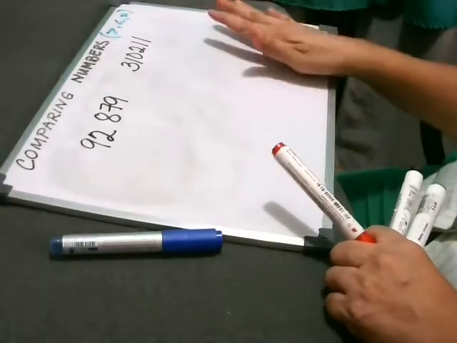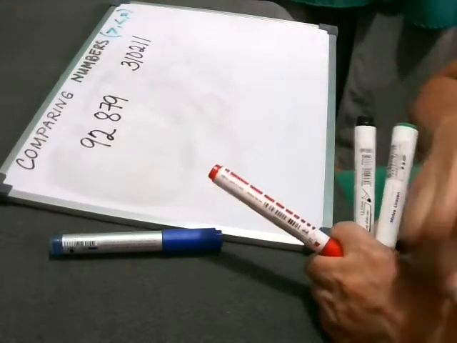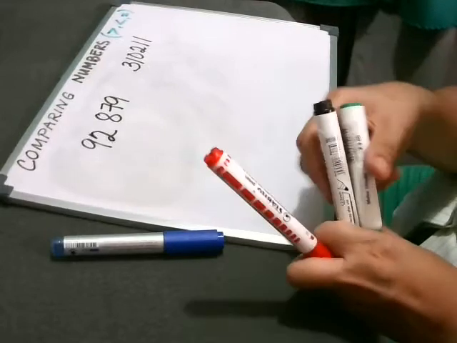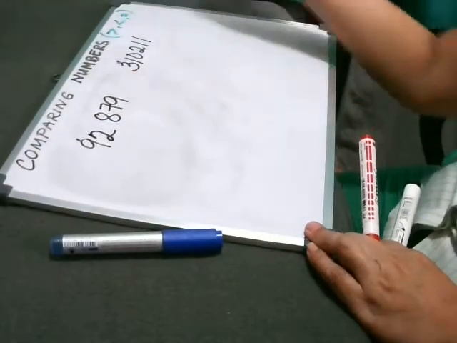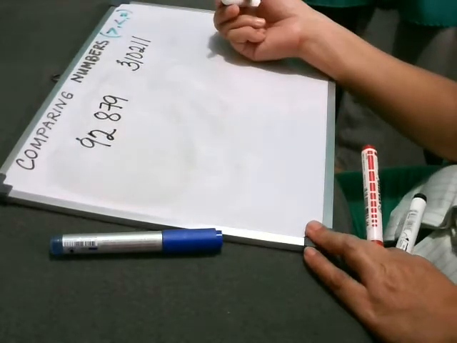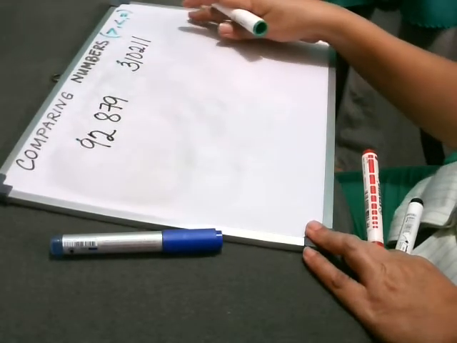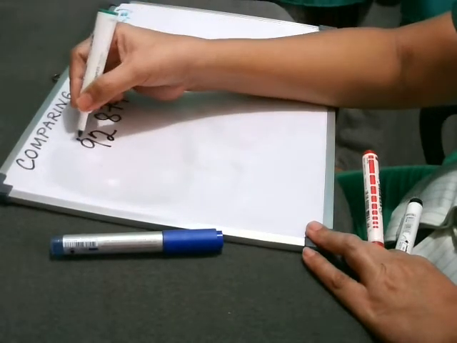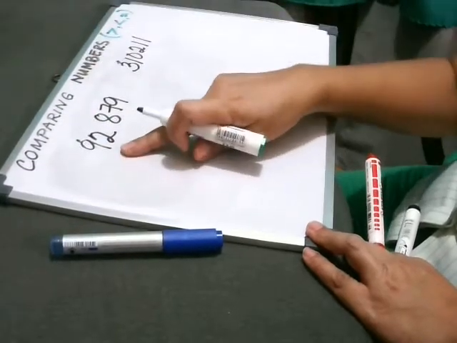Earlier, I said that when you compare numbers, always start at the left side digit. So when you do this, you will start with 9 and 3. And then perhaps you will answer directly without looking at the number of digits, because the rule says always start with the left. So 9 and 3, my answer is greater than because this is big.